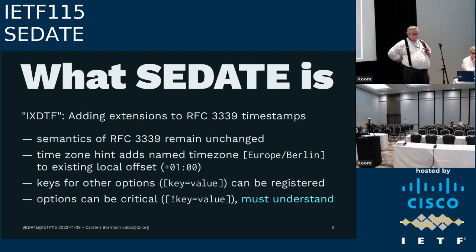So the time zone information is a hint that is added, but it doesn't change the content, which is still a UTC timestamp. We also have ways to add keys for other options. And as an example, we put in the calendar type, which again is a hint and not changing the base semantics of the timestamp. And we can even identify options as critical, as must understand.